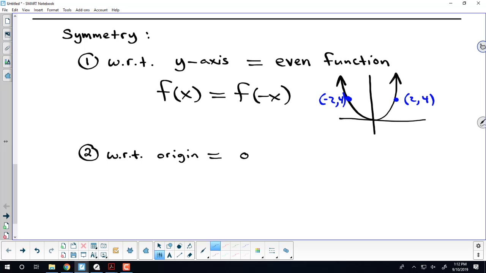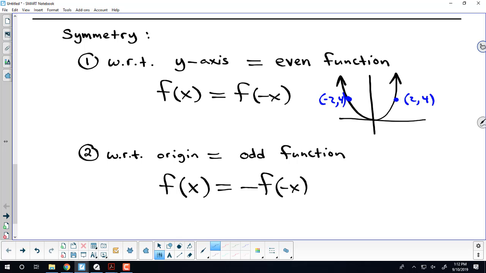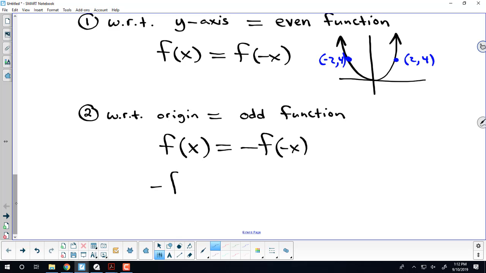And we call that an odd function. And that's where f of x was negative f of negative x. Or typically how it's written, negative f of x is f of negative x. However you want to view that.